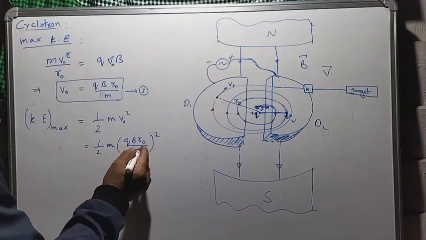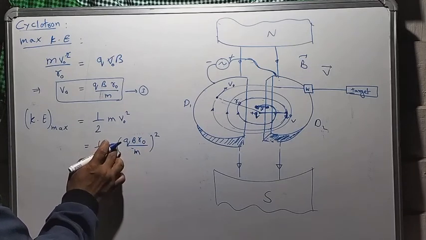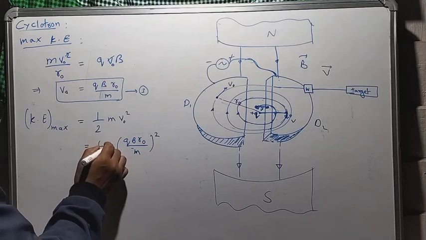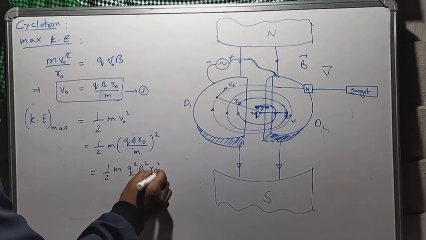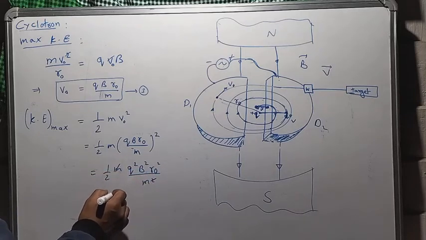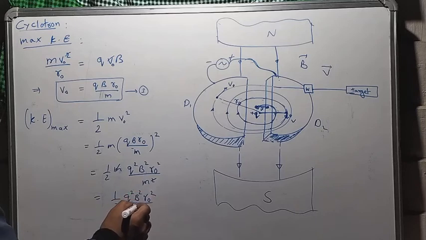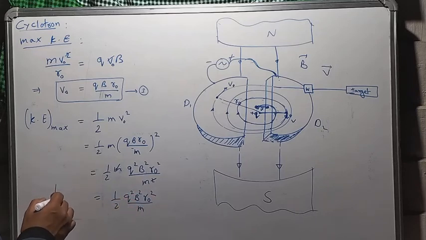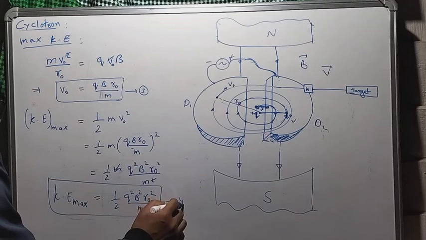So if you write the square, then you will get half m, q square B square r0 square upon m square. Now the square with this m cancels, we will get half q square B square r0 square upon m. So this is the expression of the maximum kinetic energy of a charged particle moving in a cyclotron.